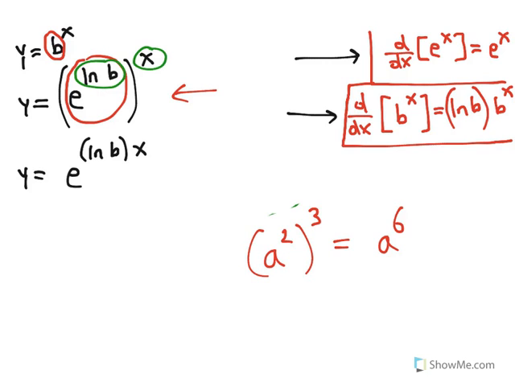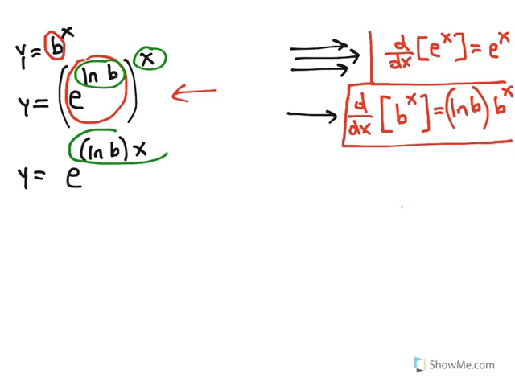Now we can use what we learned yesterday to find the derivative of this function, because we now have a composition of two functions where the inside function is natural log of b times x and the outside function is the natural exponential function.